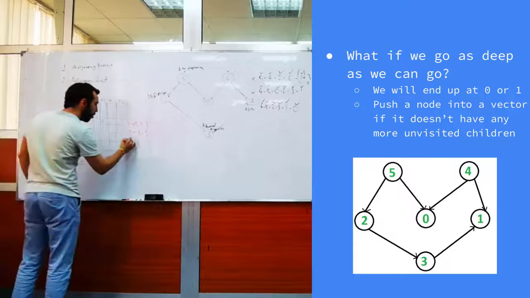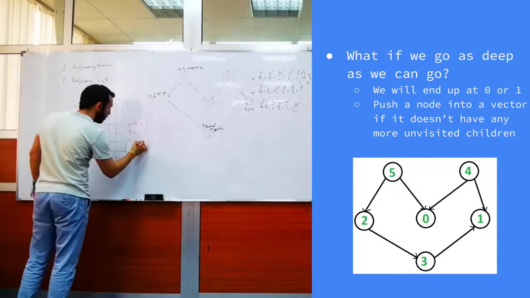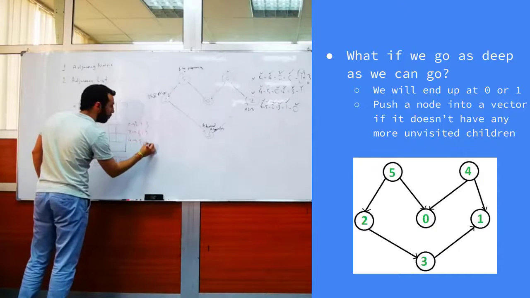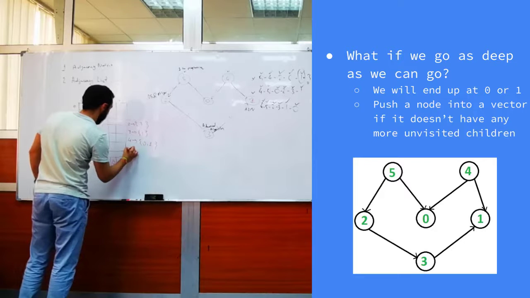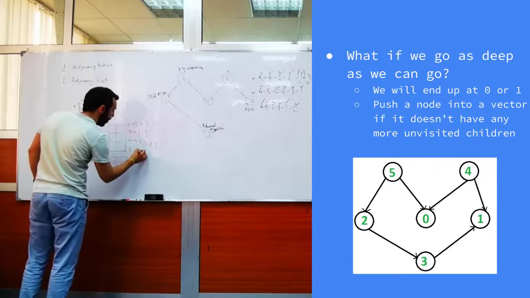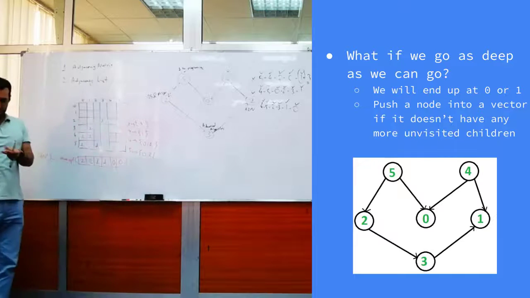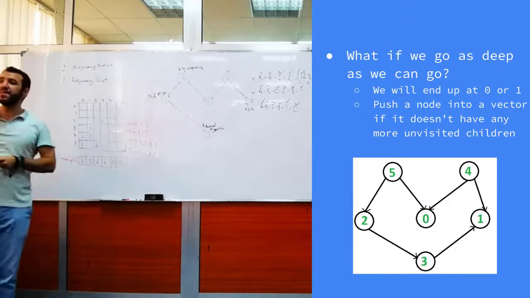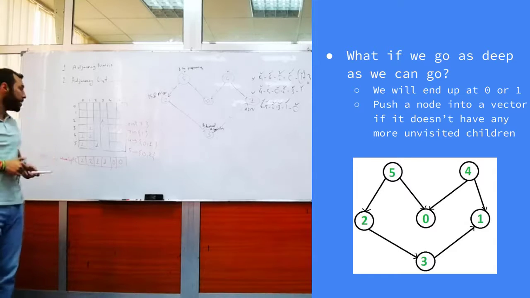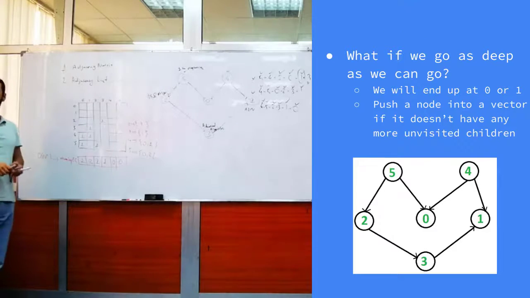And for 4, we have 0 and 1. And finally, for 5, we have 0 and 2. So, for adjacency list, how can we generate this?